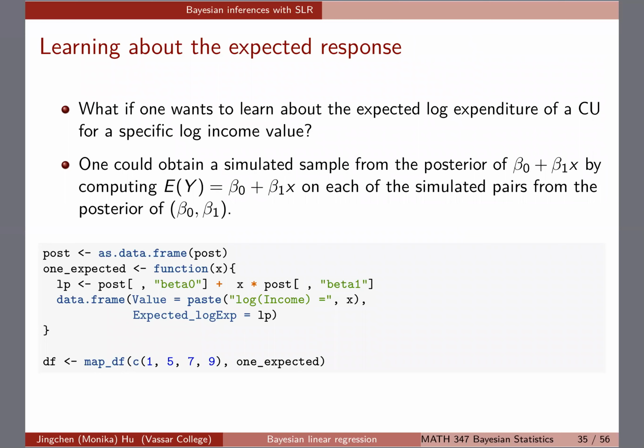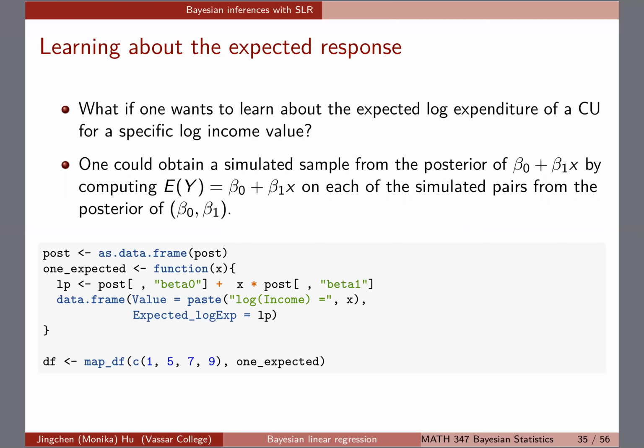Remember, x is the log income, so we work on the log scale. In this case, I'm looking at what if the log income is 1 or 5 or 7 or 9. Then I utilize the 5,000 different pairs, and I want to show you the distribution of the expected value that it can take.